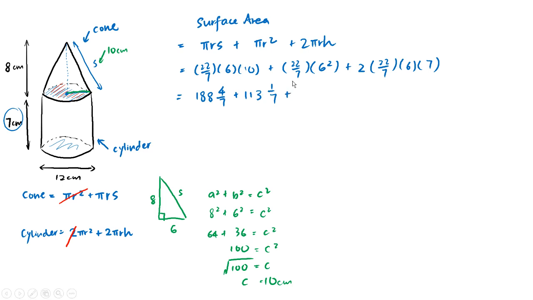Plus 2 times 22 over 7 times 6 times 7, which is 264.